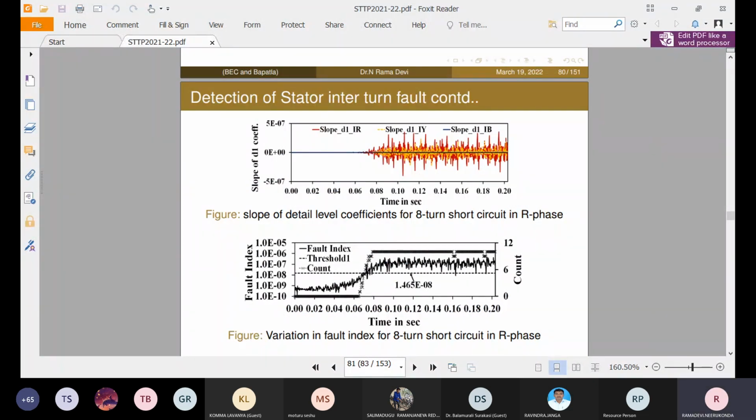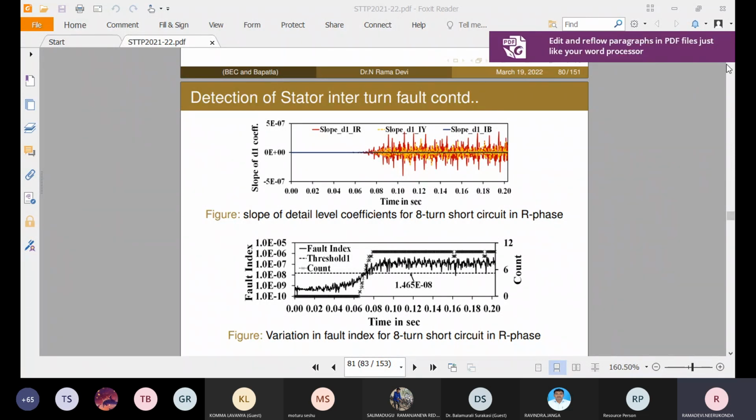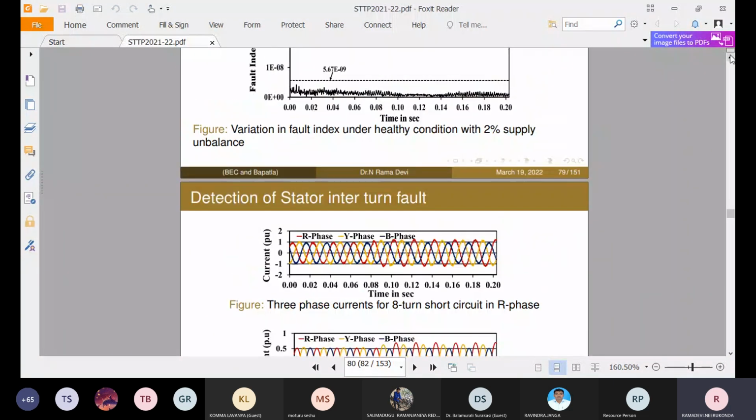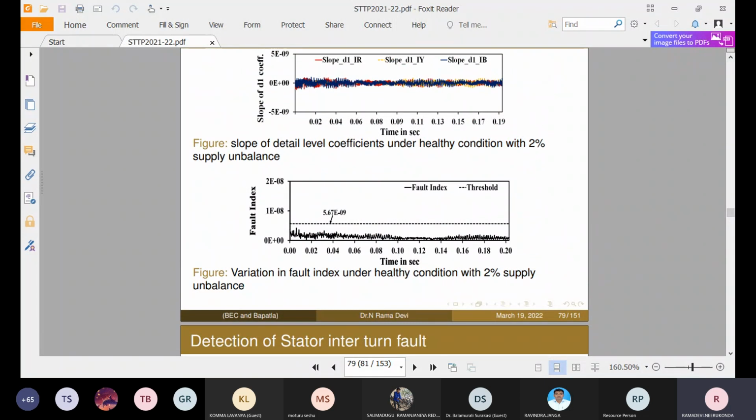Let us take a calculator and compute that. 1.465 times 10 to the power minus 8, which is 14.65, divided by 5.67.